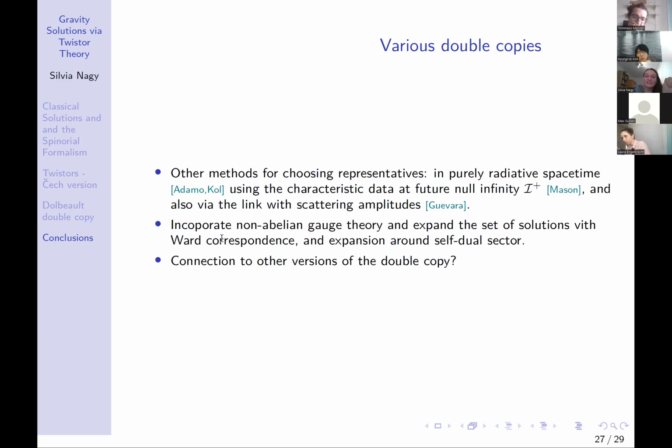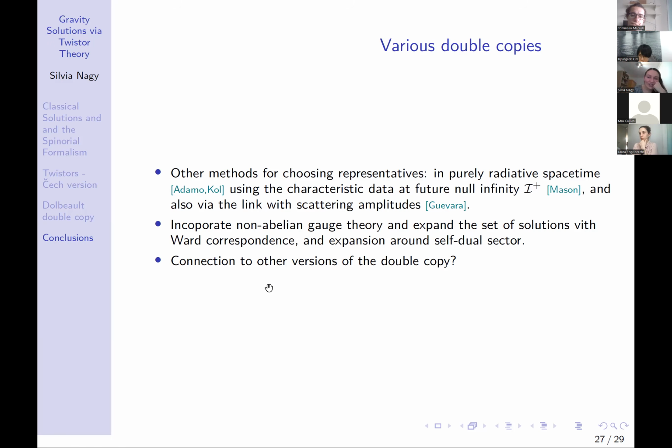But something that Twistor theory might allow us to do is incorporate in this story the non-abelian gauge theory. This could be done because in the Twistor language, there's something called the Ward correspondence, where we start with self-dual, but this time Yang-Mills fields, so non-abelian gauge fields. And then there's a nice expansion around that self-dual sector to go into the full theory. So that is one option.